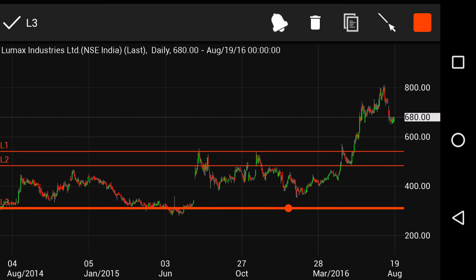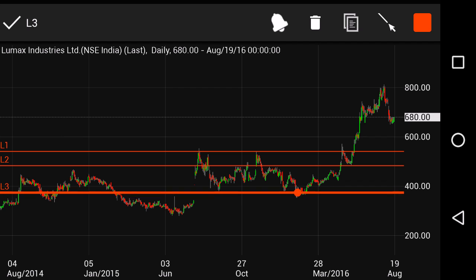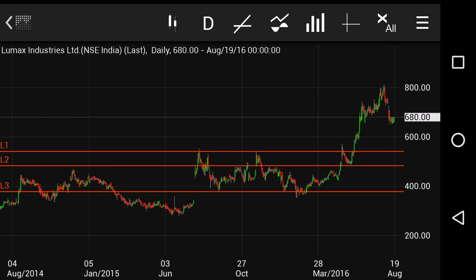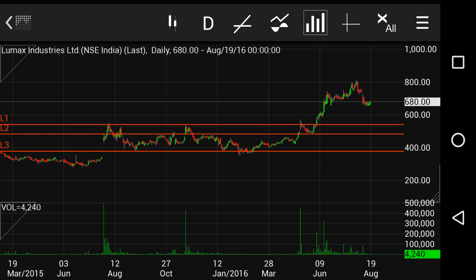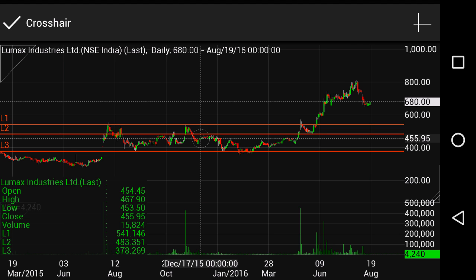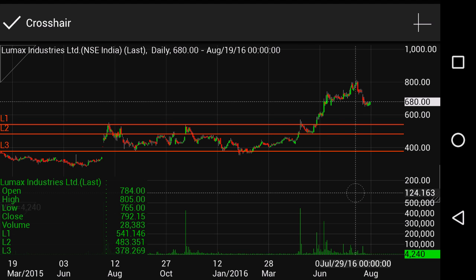So it was a flat breakout, with volume supporting. This stock may continue going higher. If it comes around 550 again, you can just add it again.